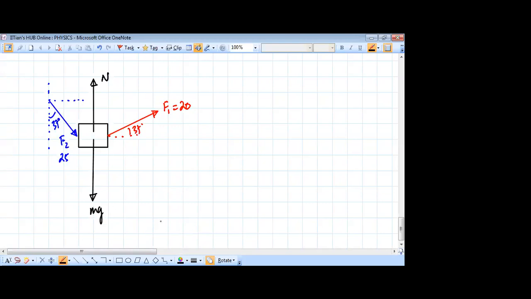So again, now you can see that F1, if we take x and y axis like this, as vertical and horizontal, and we of course know that the acceleration of the body is horizontal.